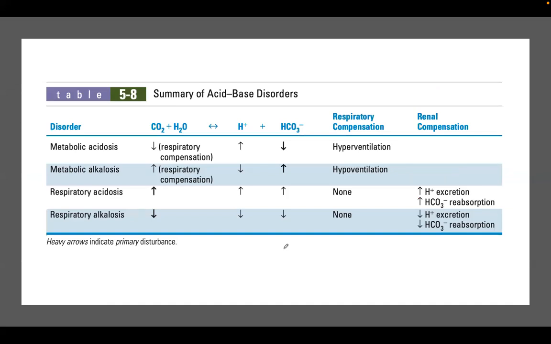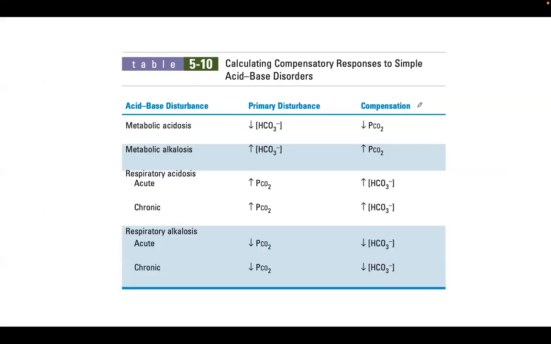So I want you to refer to your study guide, and I want you guys to study this well. Look at what happens to the hydrogen in the bicarbonate and what is the respiratory or renal compensation as the case may apply. Okay, very, very important. Okay, so I'm going to give this as your reading assignment. And of course, here, what is the primary disturbance and what is the compensation?